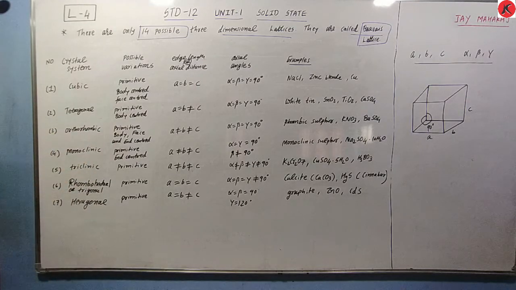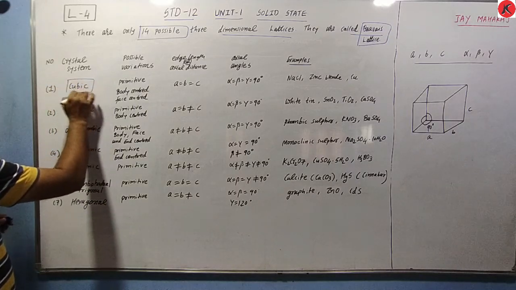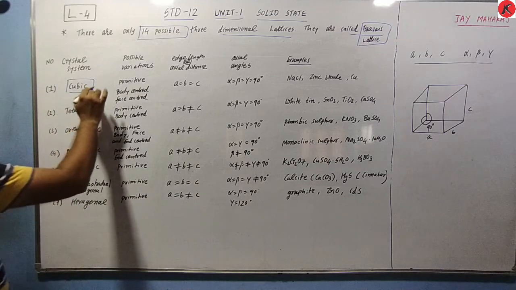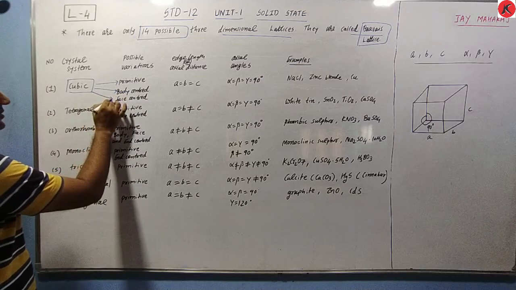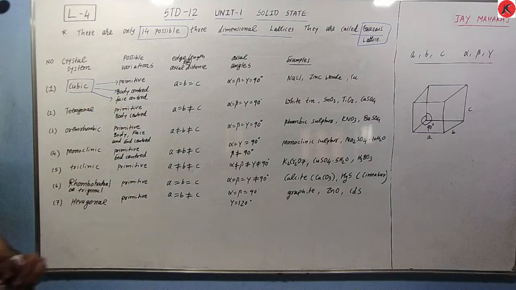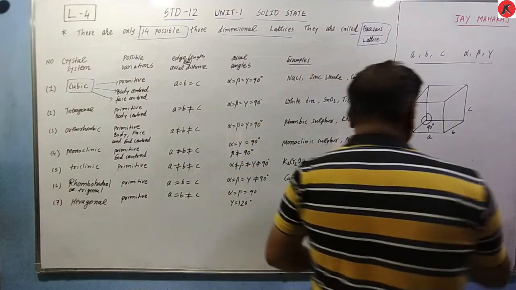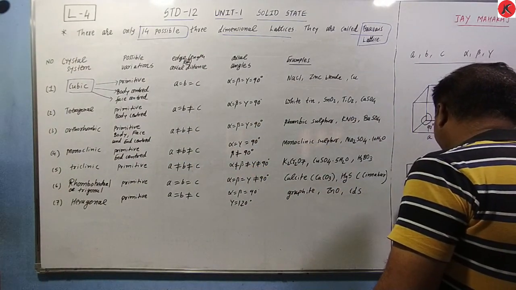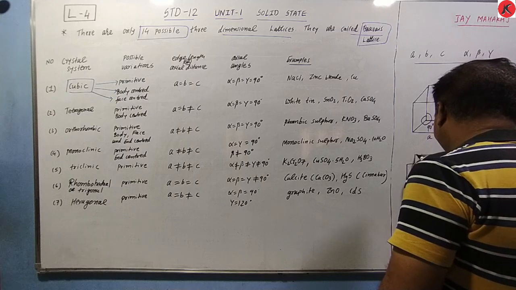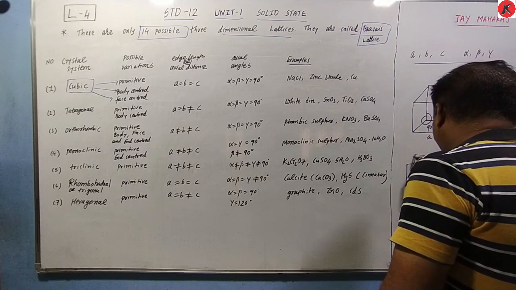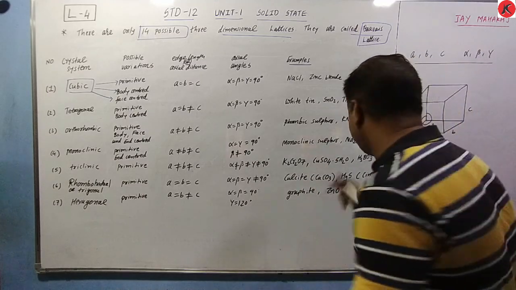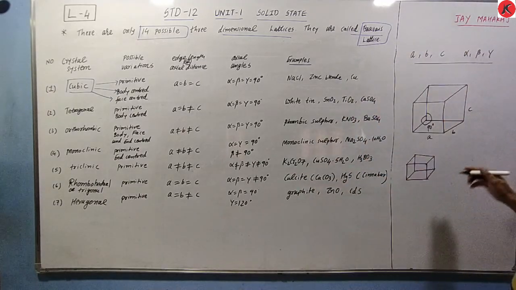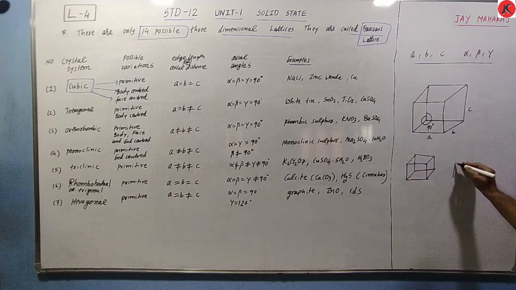Now, what possible variations are there? Take the cubic system, in which 3 types of variation are possible: primitive, body-centered, and face-centered.